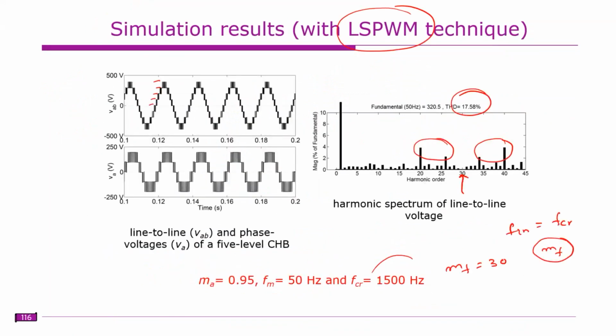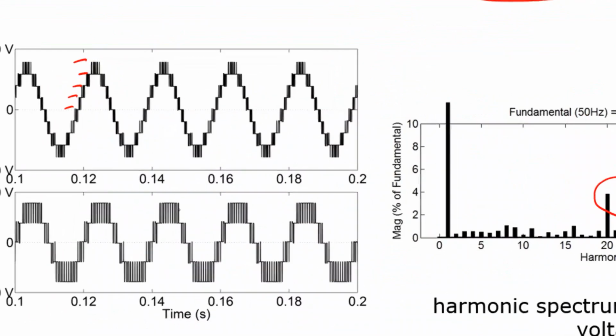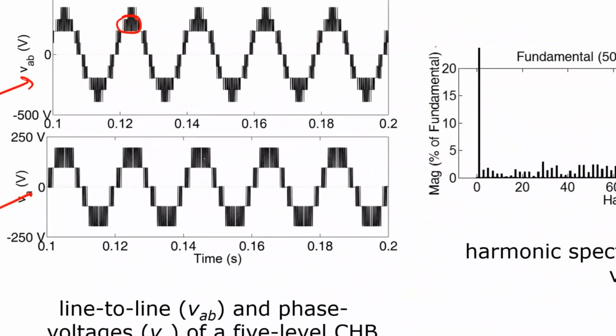In this level shifted PWM, the switching is very low. You can see that the on and off instants are very few, clearly visible here. Whereas in this case, the thicker lines indicate that the switching is 4 times greater than in the level shifted PWM.